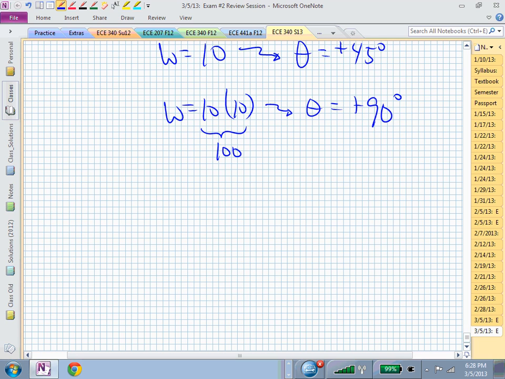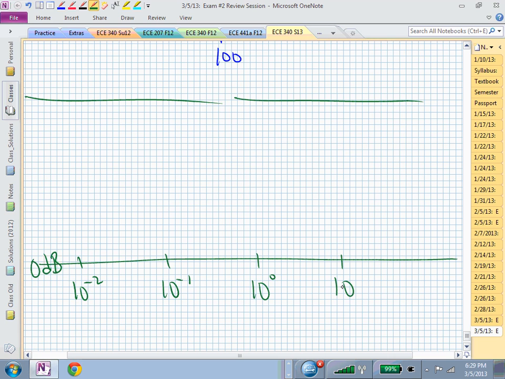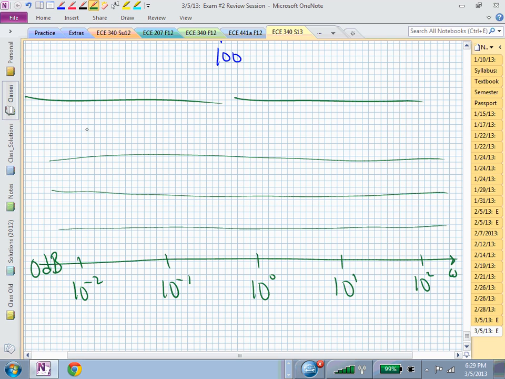Now I can sketch. For my magnitude, I can say, here's my 0 dB line. And maybe now I have 10 to the minus 2, 10 to the minus 1, 10 to the 0, 10 to the 1, and 10 to the 2. And I might need to put in some guidelines.